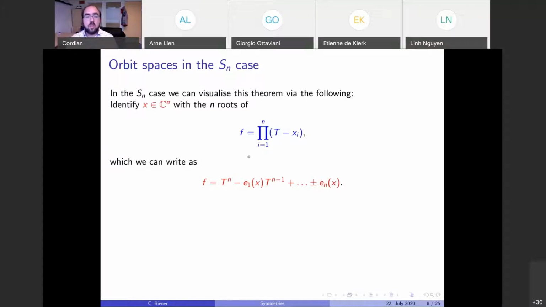We can write this in the form f equals t^n minus e_1 of x times t^(n-1), and so on, to e_n of x, where e_n is the product over the coordinates of x. These e_i's are the so-called elementary symmetric polynomials. If we treat the x's just as fixed parameters, we have a univariate polynomial in t.